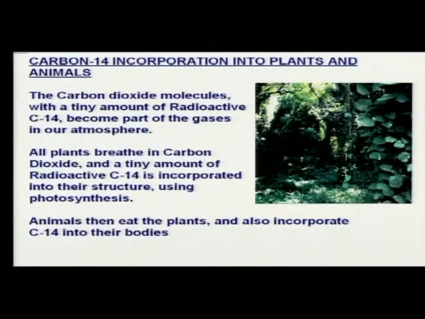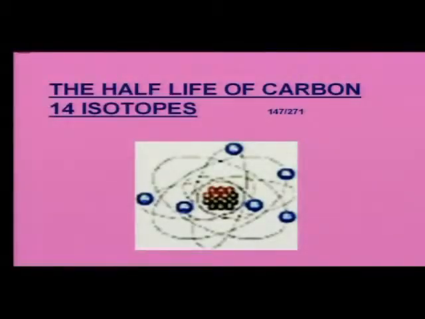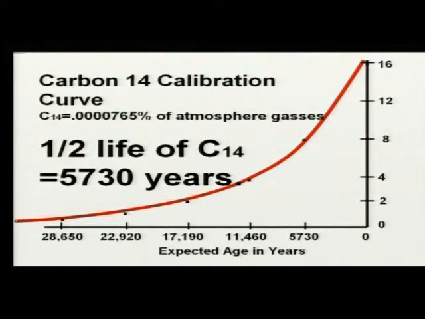of C14 in them. Now, the whole basis of carbon dating is based on the radioactive decay. On the right-hand scale there, if you look, you can see the figure 16. So if you had 16 grams of C14, which you wouldn't have because we're only talking about tiny amounts, but if you came back after 5,730 years, only half of it would have decayed.